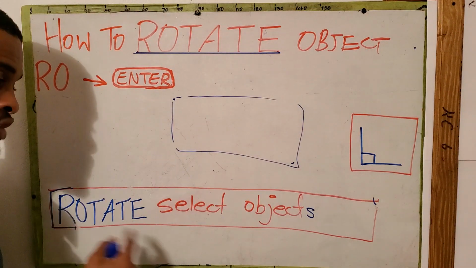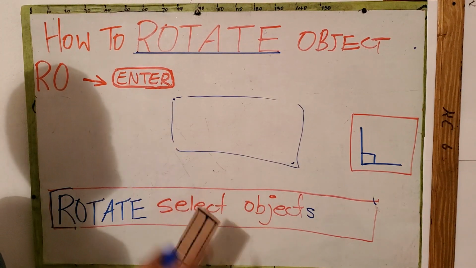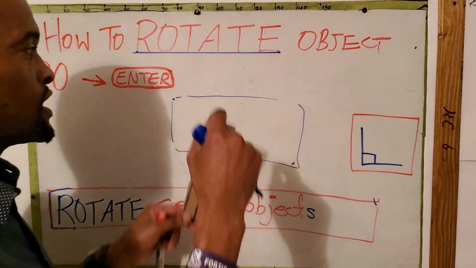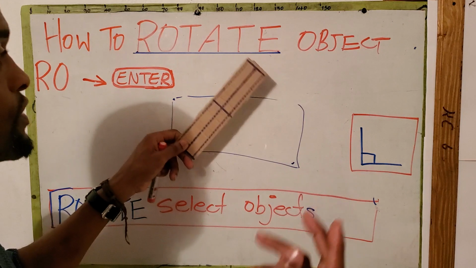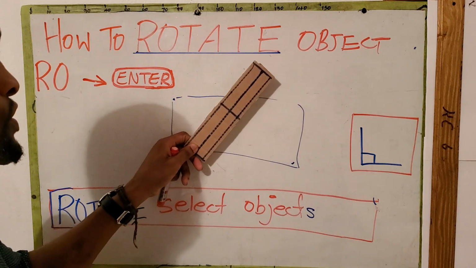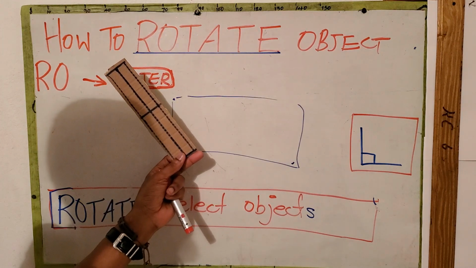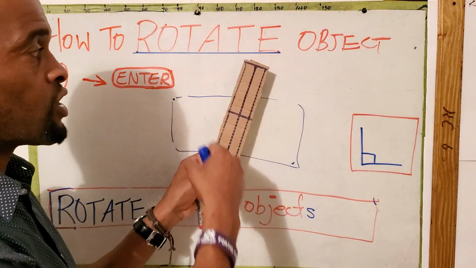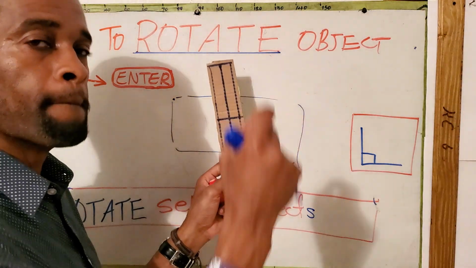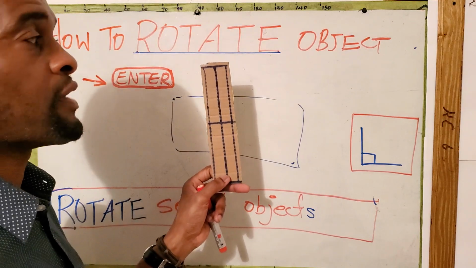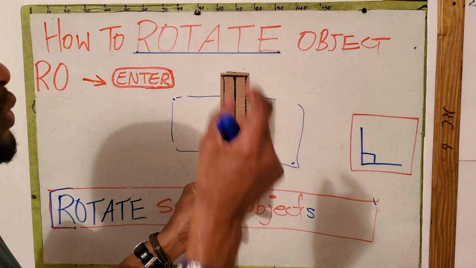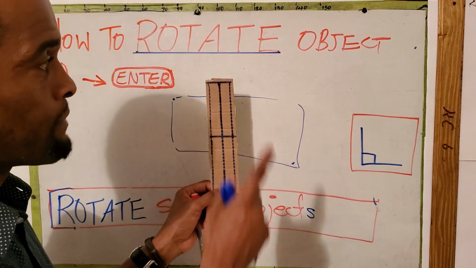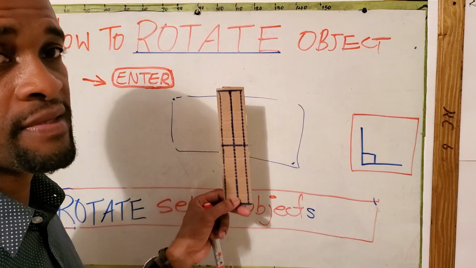Once that command bar says specify rotation angle, you can then enter 90 degrees, 30 degrees, 60 degrees, 120 degrees. If you don't, it will give you the option to rotate the object manually. But if you wish to rotate this at 90 degrees, you simply type 90, enter.